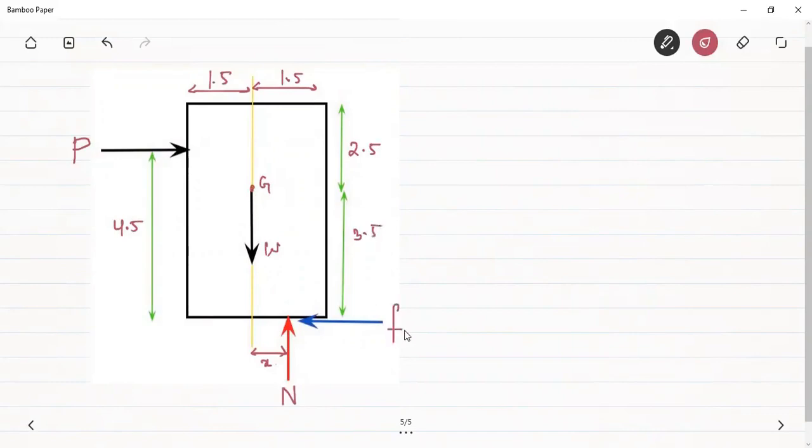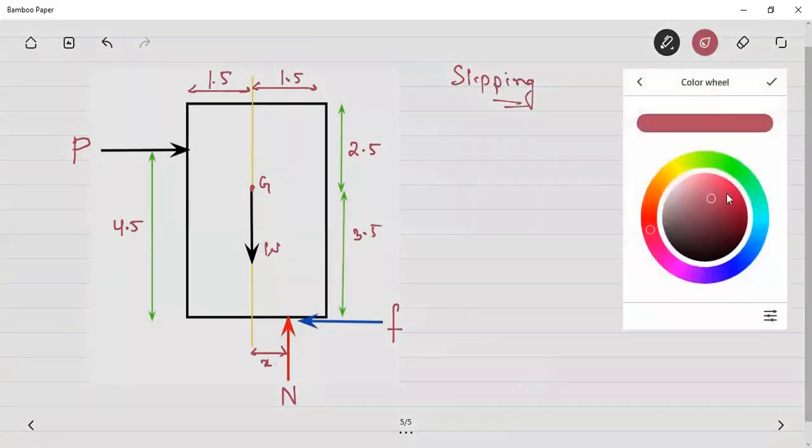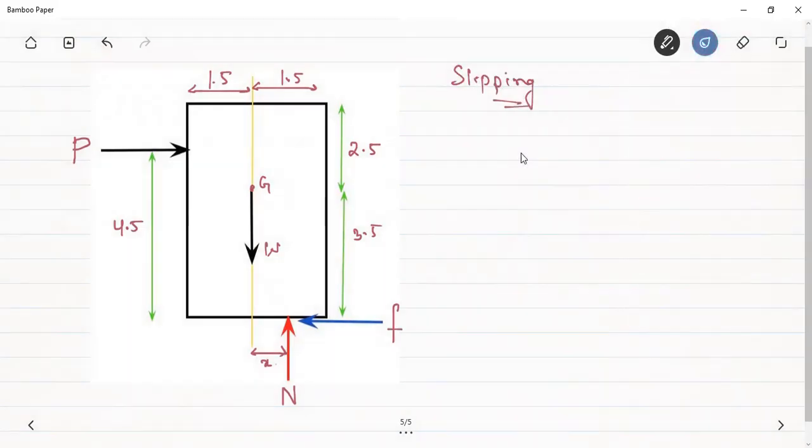and this will be the friction. This will be the static friction because we are checking for the impending condition. So let's see what is the force required to cause slipping. First of all, we will see the minimum force which is required to cause the slipping of this block.